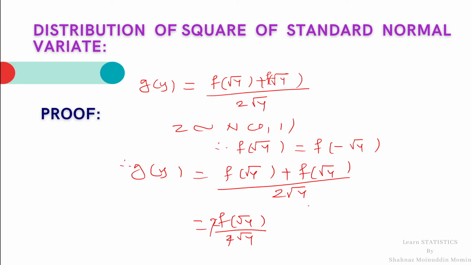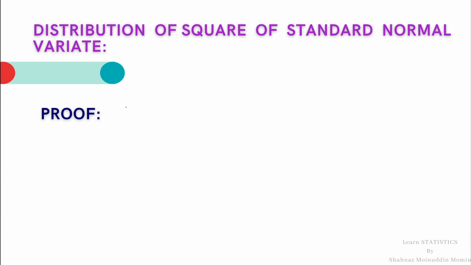So we are left with f of root y divided by root y. Therefore the PDF of y, gy, is equal to f of root y divided by root y.